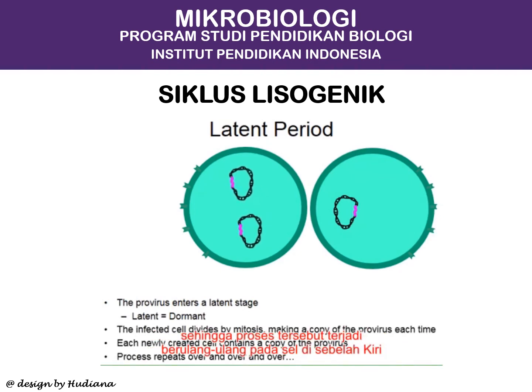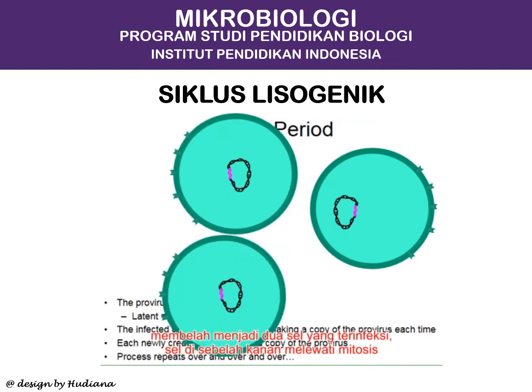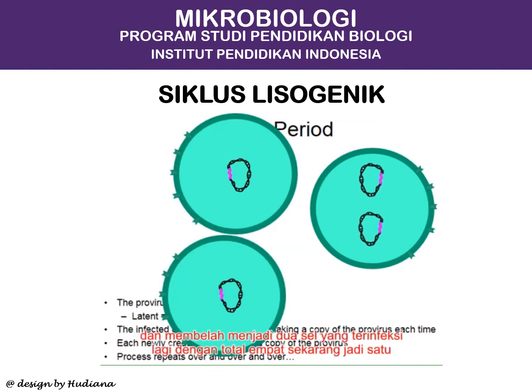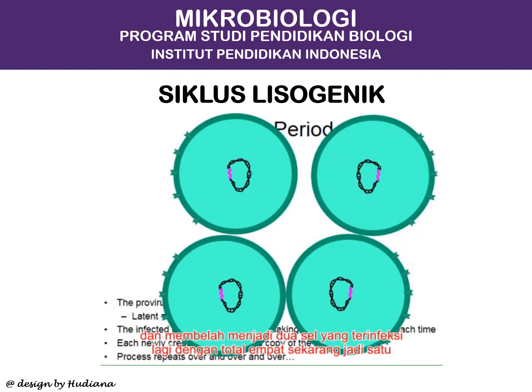As the process repeats, the cell on the left divides into two more infected cells. The cell on the right goes through mitosis and divides into two more infected cells, for a total of 4 now. So the one infected cell became 2, 2 became 4, the 4 would continue on to 8, the 8 to 16, the 16 to 32, and so on and so on.